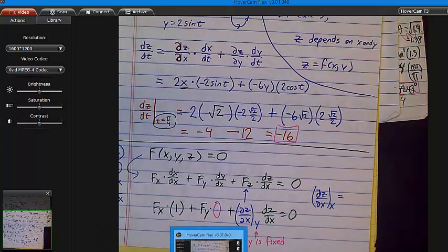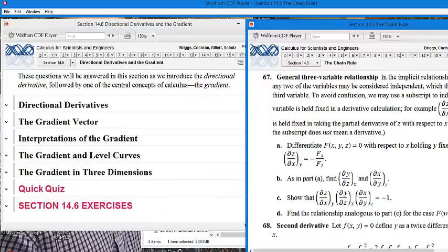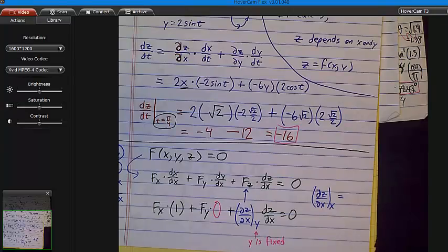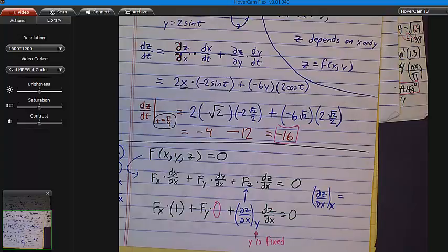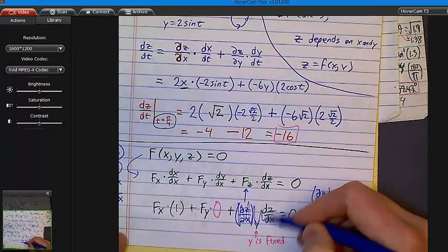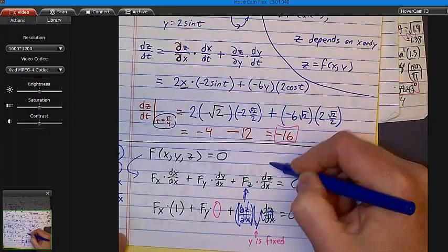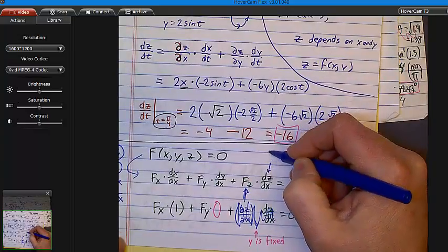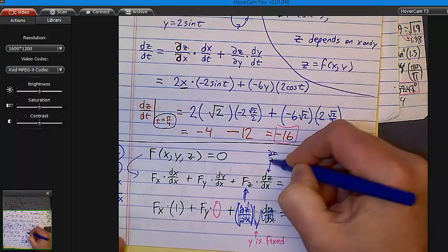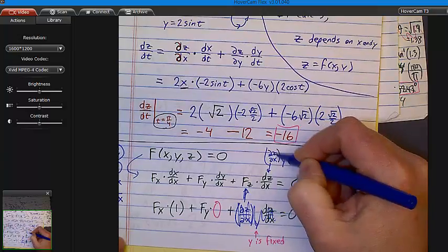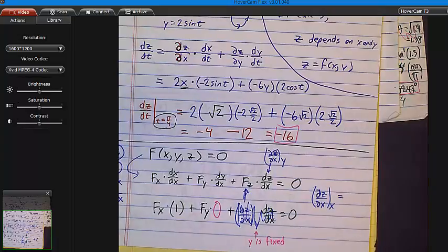Hang on. Negative fx over fz. So, okay, so I guess, shoot, it's the other way. This is what I'm solving for. This is dz dx with y fixed. That's what I'm solving for.